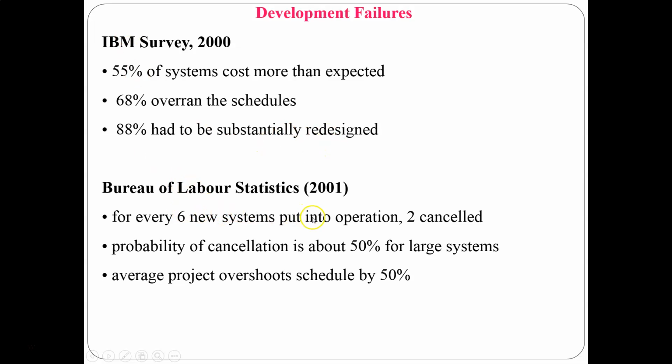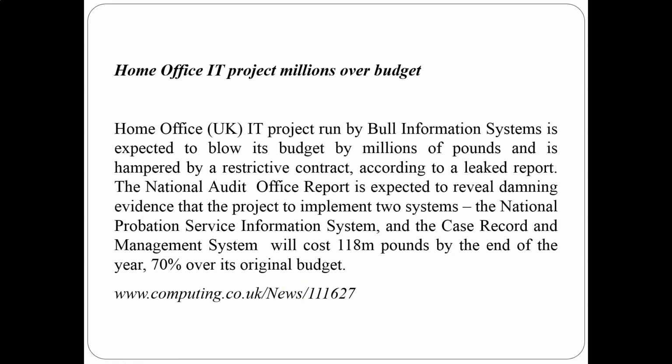The Bureau of Labor Statistics in 2001 found that for every 6 new systems put into operation, 2 are cancelled, so the probability of cancellation is like 50% for large systems. The average project overshoots schedule by 50%. These are some reasons behind software failures.